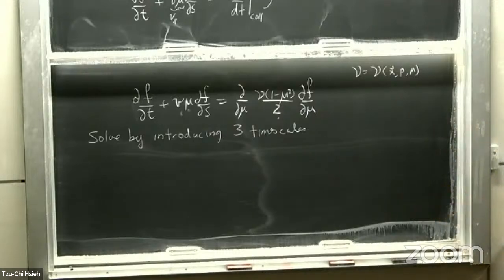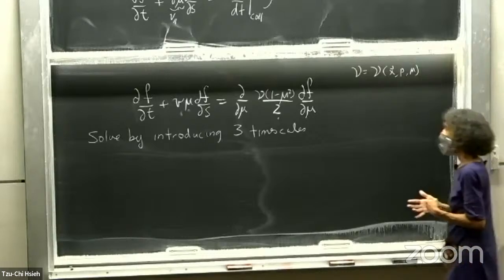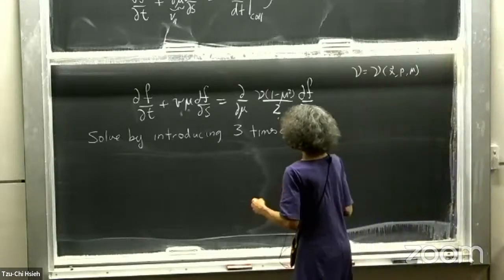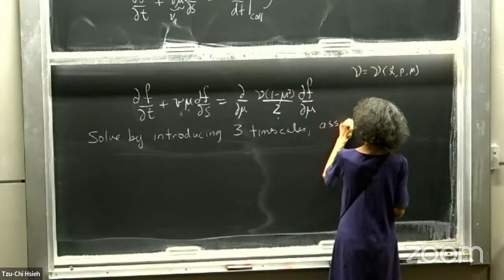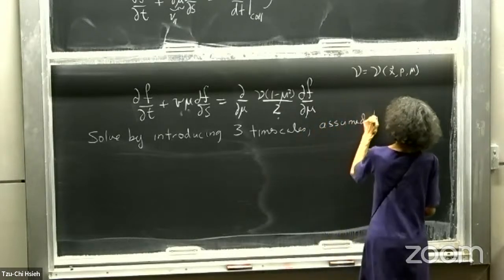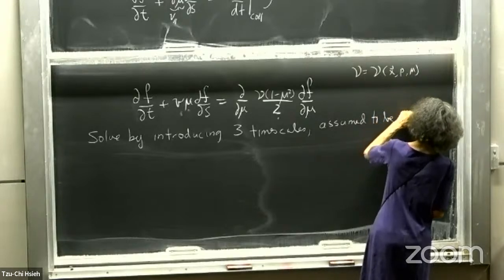We're basically going to be doing the same thing. Our discussion here is going to be based on the idea of frequent scattering, short mean-free path. So we're going to introduce 3 timescales, and we're going to assume them to be widely separated.